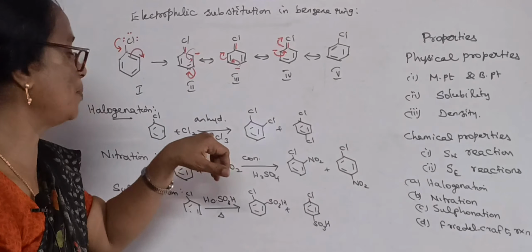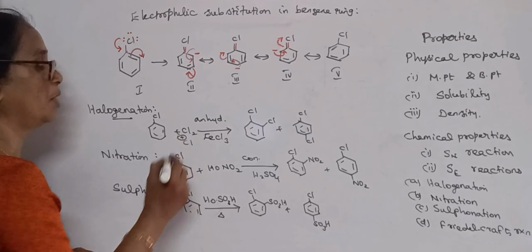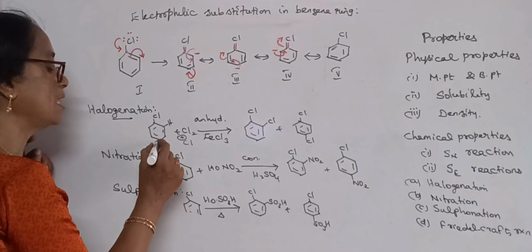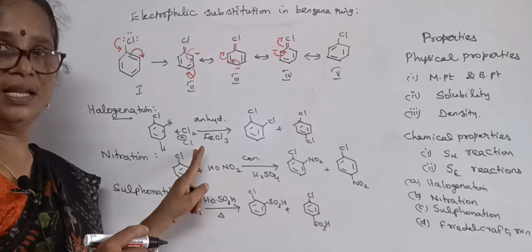Because of the presence of ferric chloride, the chloronium ion Cl+ is produced, and the hydrogen atom at the ortho position or the para position is replaced by the chlorine atom.